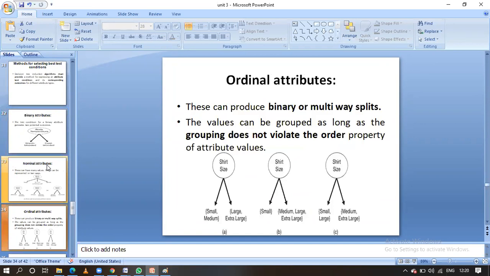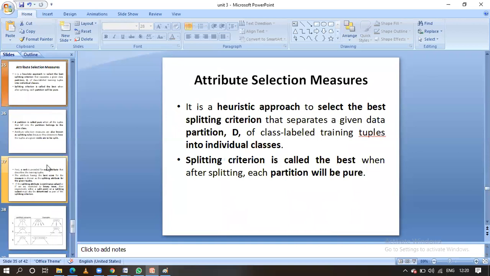And the next one is ordinal attributes, which follow an order like ranking, like the grades S, A, B, C. These are the ordinal attributes, and we saw how to split them into subgroups, guys. In the next class we are going to discuss the attribute selection methods.